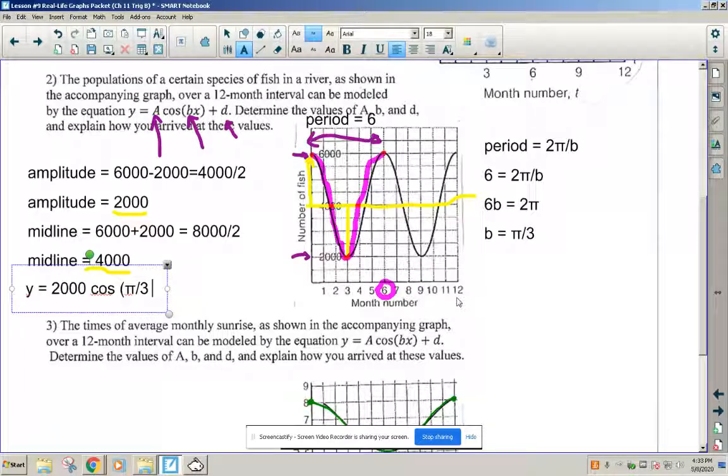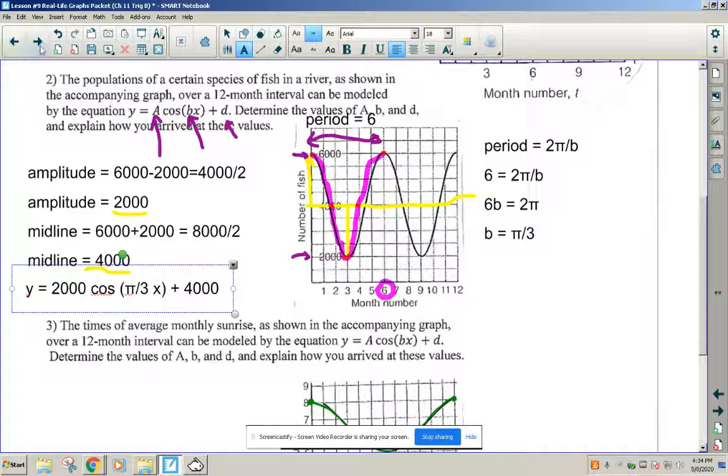They told me to use x. Make sure you close the parenthesis, because now at the end is the midline, which is 4,000. But we need to make sure that we don't put that 4,000 in the parenthesis with the x. The midline is outside, and there is number 2.